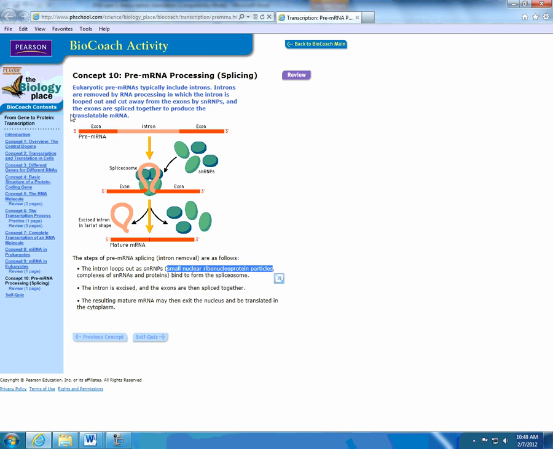But just so you know, you've got some more proteins that help fold up this intron. That's what allows it to pull that intron out, the junk DNA as we'll call it, and splice the exons together, and now you have your processed RNA. So you went from pre-mRNA to mRNA, which is ready to be made into a protein.